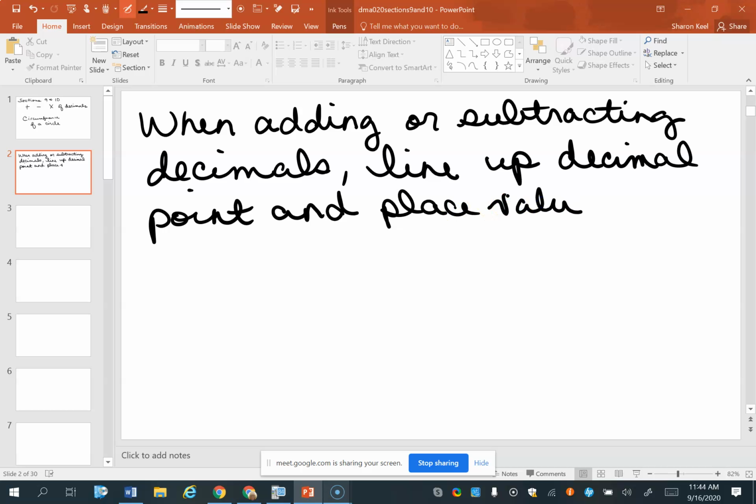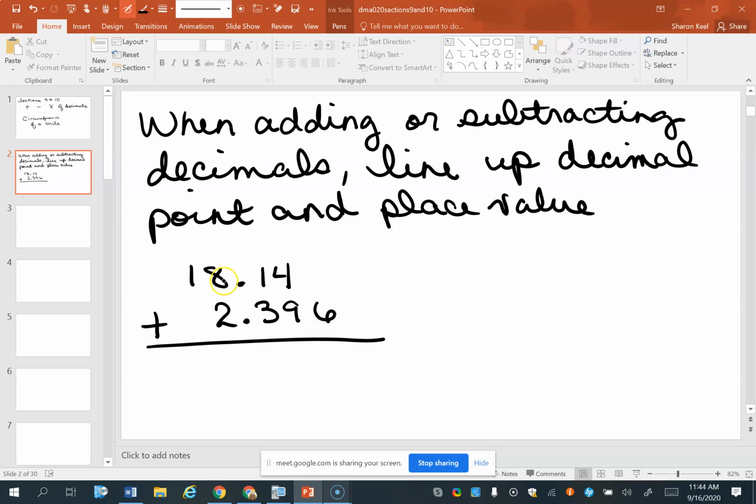So for example, if I have, let's say, 0.14 and I want to add to it 2.39, I have to line up my ones place. When you do these, look at the problem, put your decimal point for both, write your whole number to the left and your decimal value on the right.